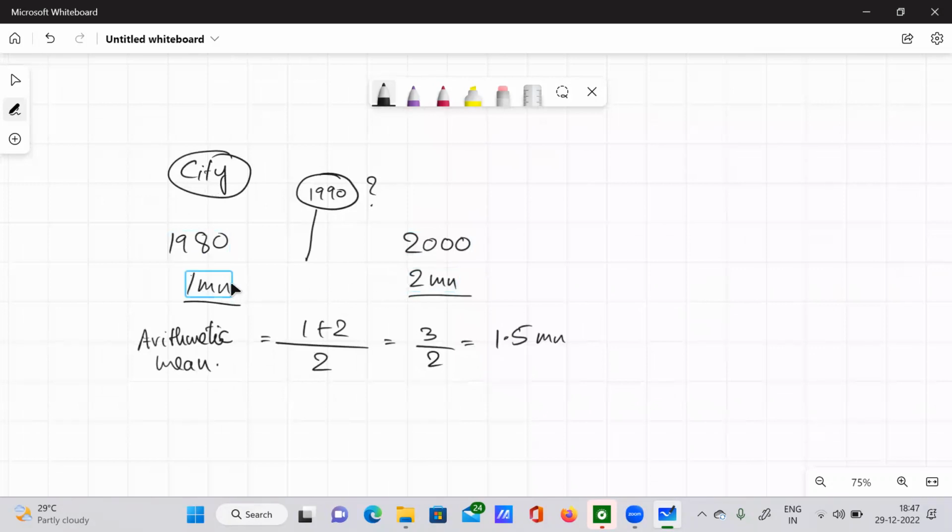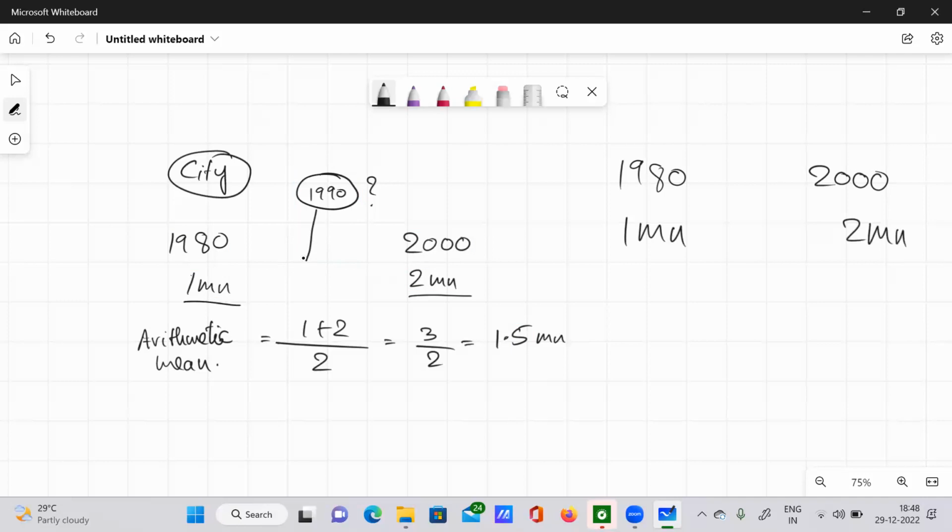So you obviously think that in between, it has risen by about 0.5 million. You usually think like that, but there may be a scenario where the rate of growth may not be uniform. For example, what I'm trying to say is here we have 1980, here we have 2000, and if it is 1 million population here, then here it is 2 million.